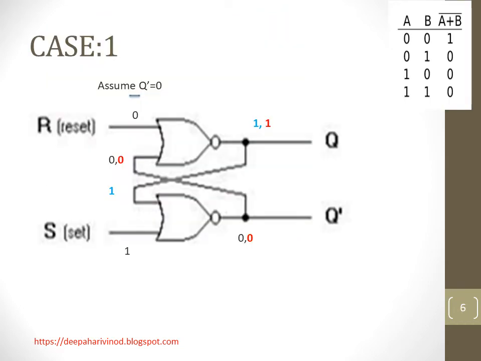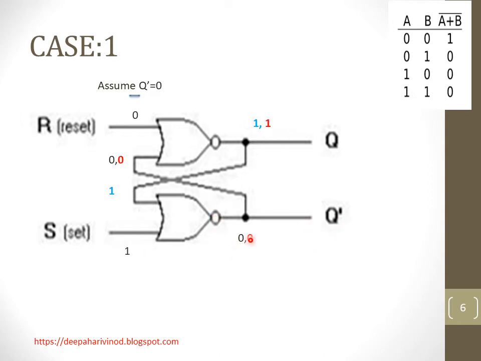For each state, let us analyze. When Q bar is assumed as 0, that goes here, and for the first condition R is 0 and S is 1.